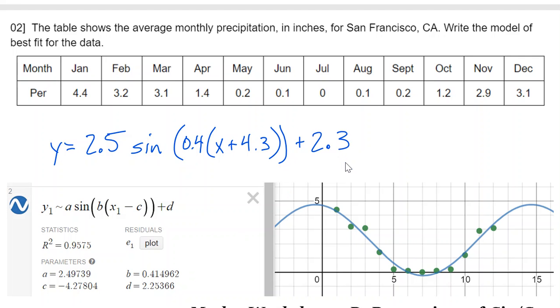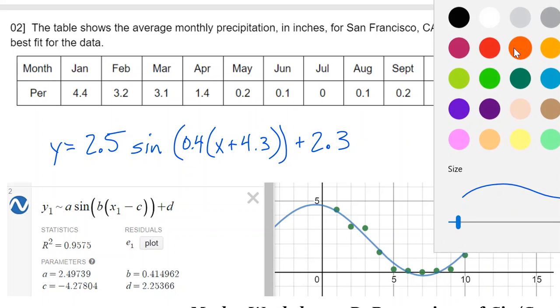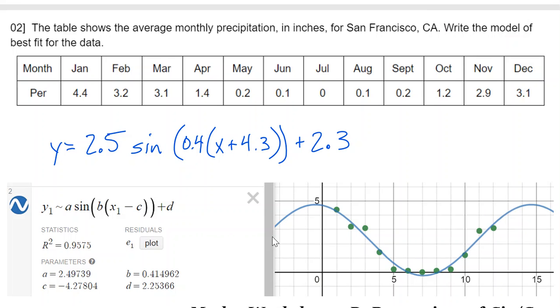Now, I have to ask this question. How does the 2.3 fit into this data? Well, the 2.3 represents the vertical shift, right? 2.3 would be roughly right about there. Does 2.3 represent a value in this discussion?